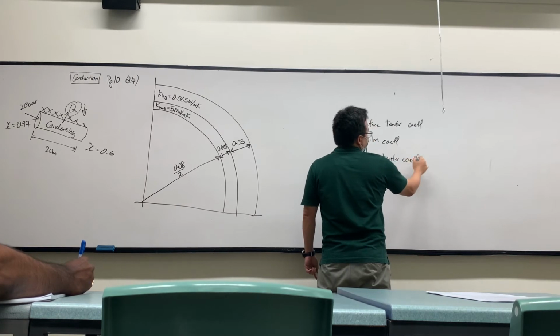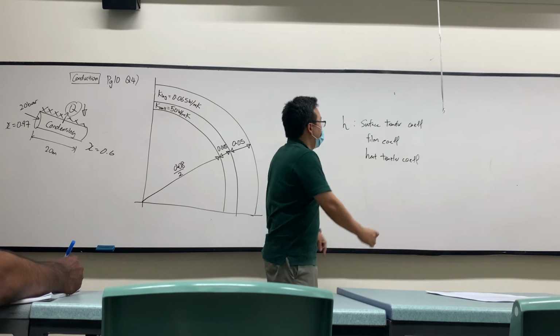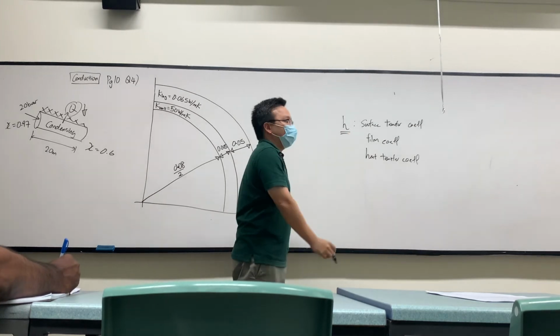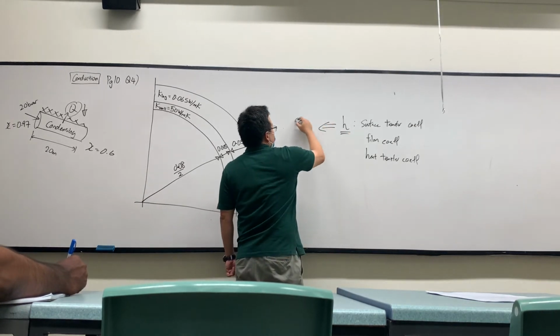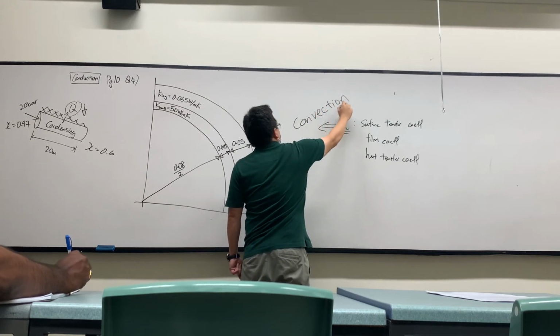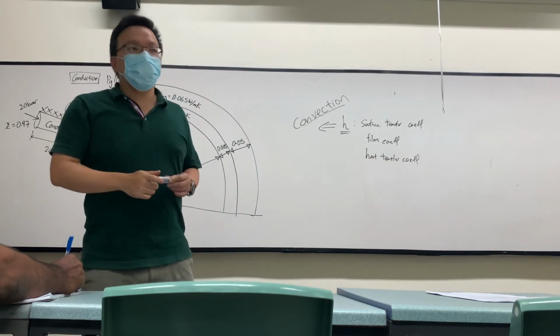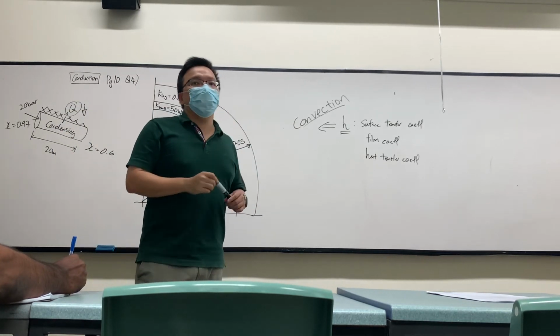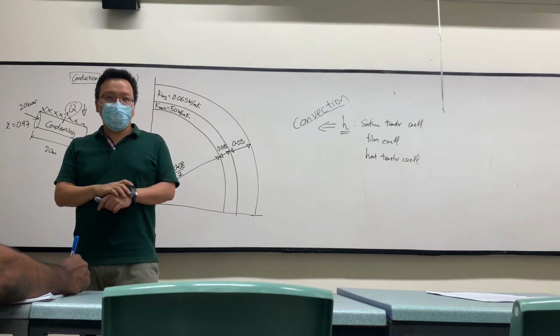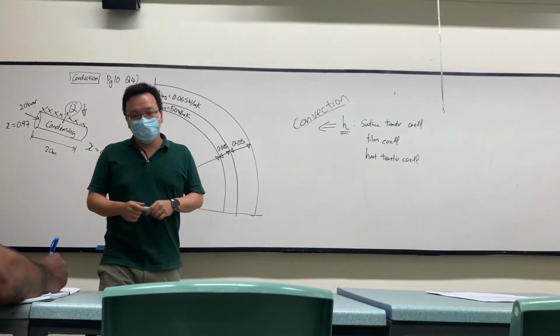I don't know why they give you so many names. But this is something to be alert of. All is H. And what does H talk about? When you see H, you deal with convection.